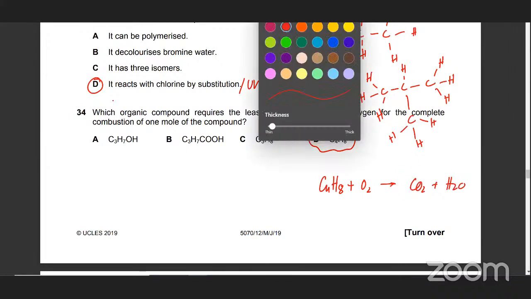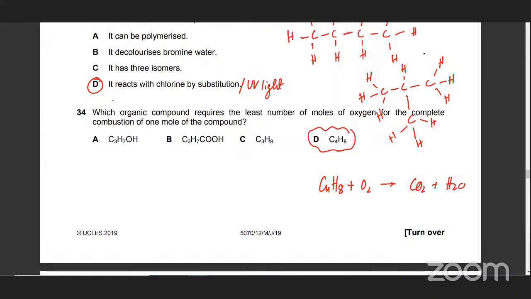If you try and balance this, what do you get? Okay, 4 carbons, so there would be 4 carbon dioxide molecules, and there are 8 hydrogens, so that's 4 H2O molecules, so that's 8 plus 4, that's 12, so 6 O2. अच्छा, तो इसको तो 6 O2 चाहिए.